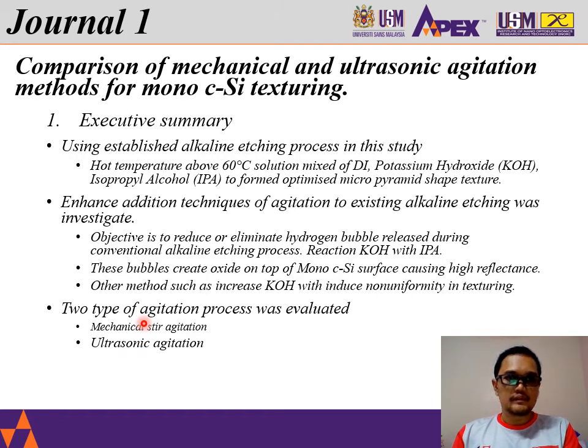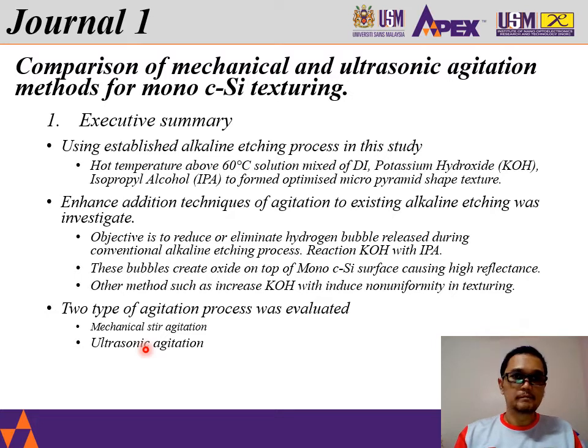From the executive summary of this journal, the first point is that the journal is using an established, well-known process for fabricating monosilicon solar cells, which the industry currently uses, the alkaline etching process.